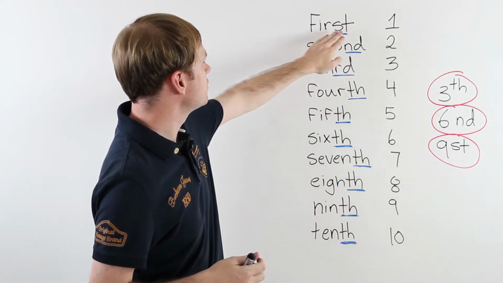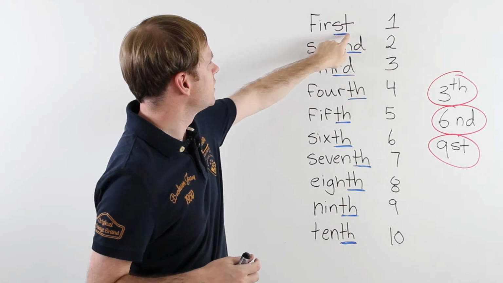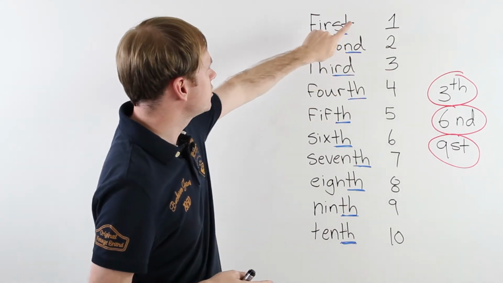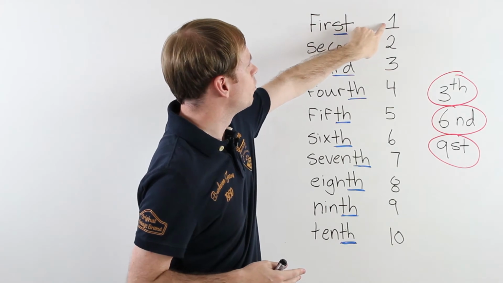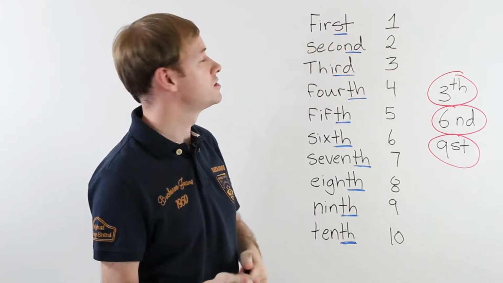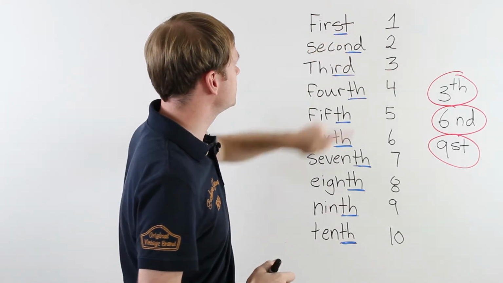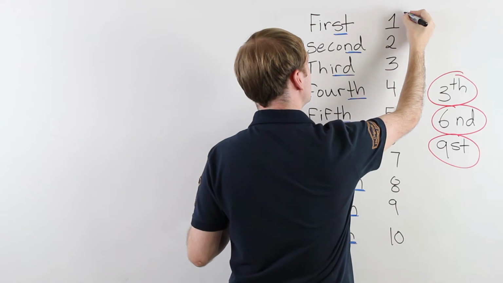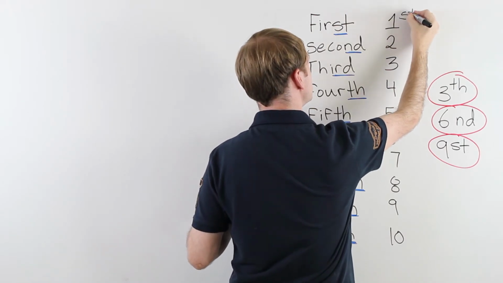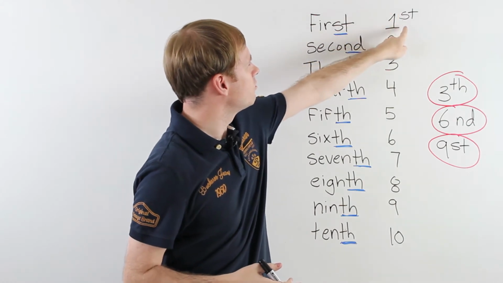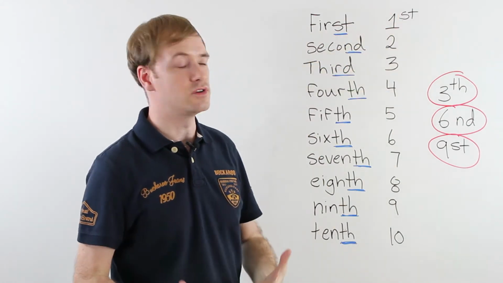So if you see first, the last 2 letters are ST. So when we want to write an ordinal number, we have number 1. We must use the last 2 letters. The last 2 letters are ST. So this is our ordinal number. We should write ST. Okay, so this is first, and now we write it like this, first.